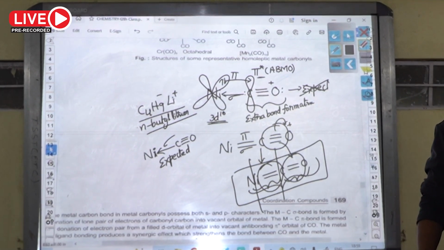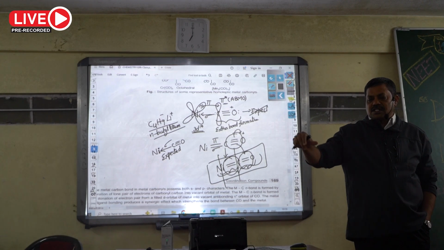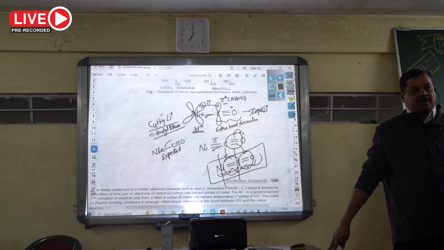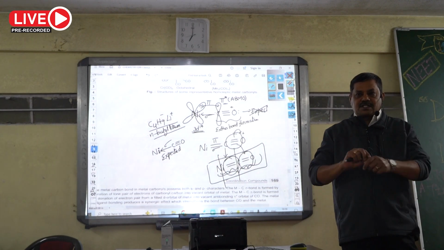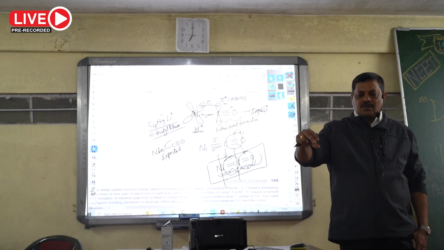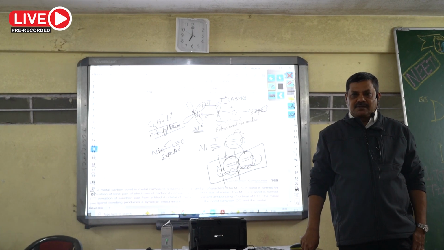An ionic organometallic. Very dangerous. If I keep one bottle of N-butyl lithium, just unscrew the bottle out, this entire building catches fire. No need of giving any, just a matchstick is thrown or no, nothing. Just open the bottle, unscrew it, finish.